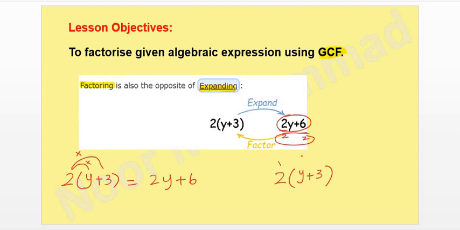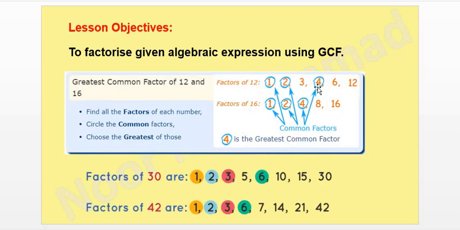So you will get 2 factors for this given algebraic expression. All this is giving us an idea that whenever we want to find the factors or do the factorization, it's the opposite of expanding. Clear? So our first goal is to find the factors using GCF.